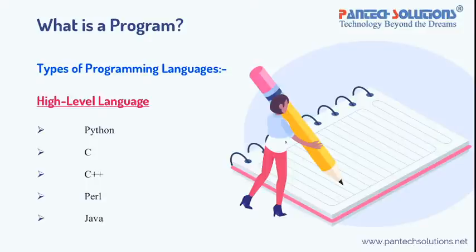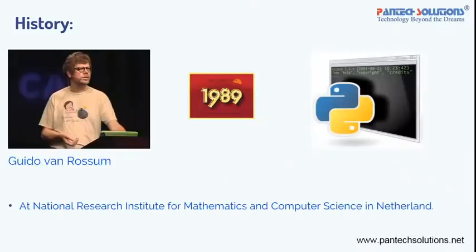Python was developed by Guido van Rossum at the National Research Institute for Mathematics and Computer Science in the Netherlands in 1989.